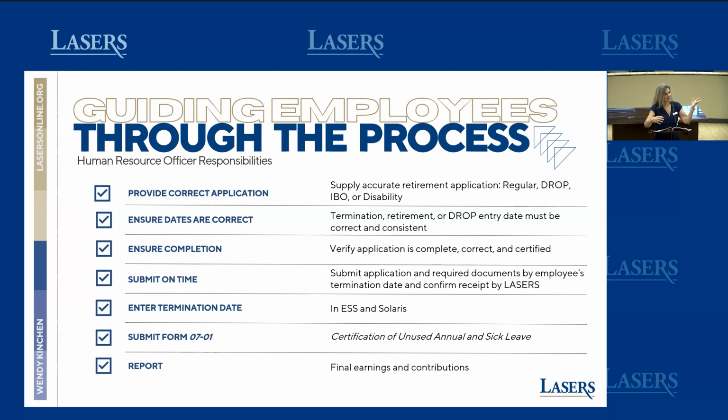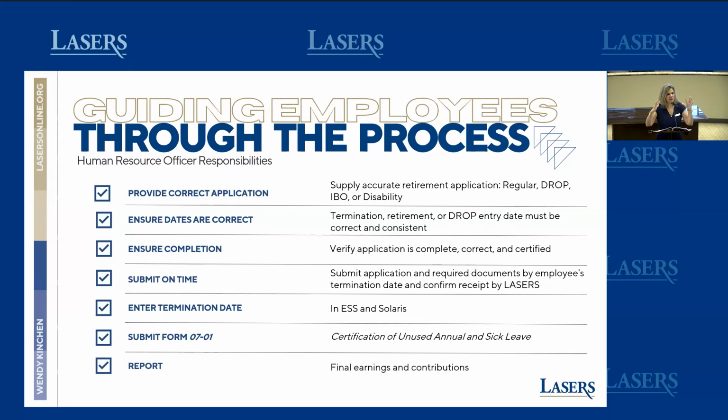Well, there you go. See, we've come a long way since 9:30. So these are some of the other responsibilities that you have. Ensure that the application is complete and that the termination date is correct. Another mistake we often encounter is the submission of the Form 0701, certification of unused leave.